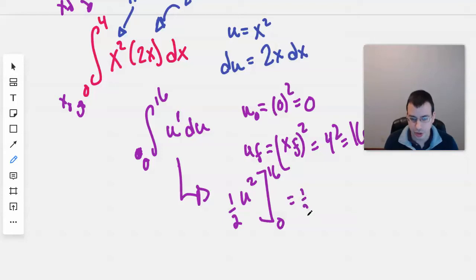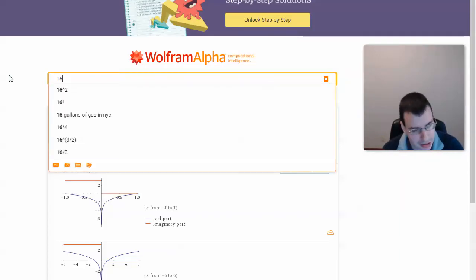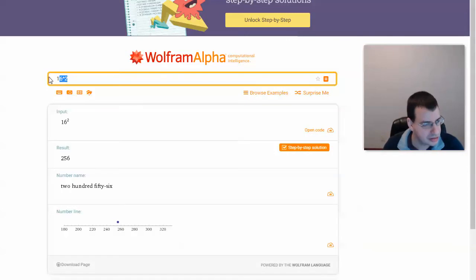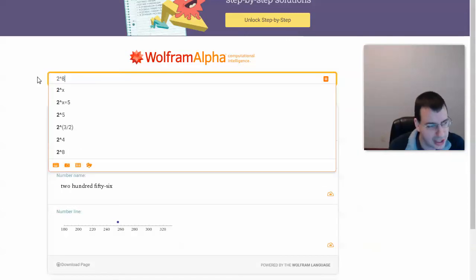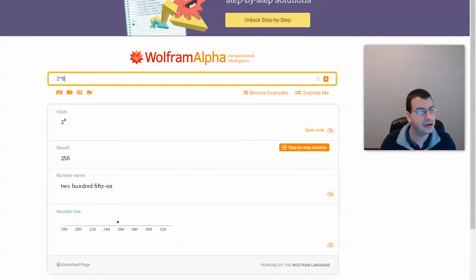So this would be 1/2 times 16 squared. Is that 256? I'm pretty sure it's 256. If I was a better computer person, I would know that. That's 2 to the 8th? 16 squared is 256, and 2 to the 8th is also 256.